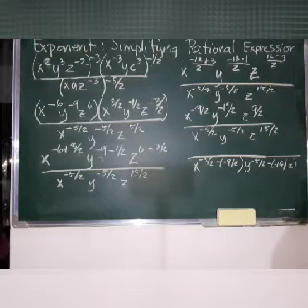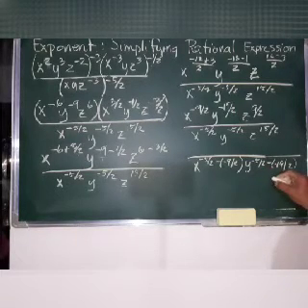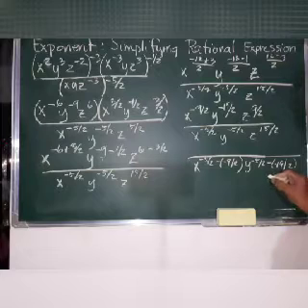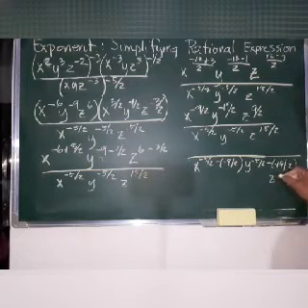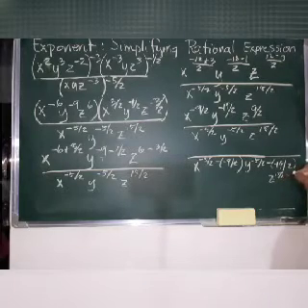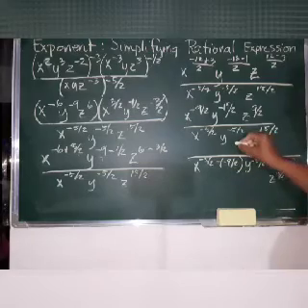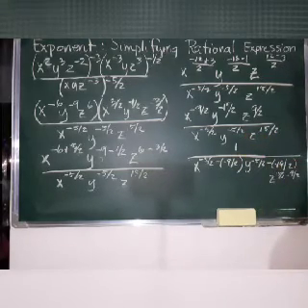Ang z natin ay mas malaki rin ang nasa baba. So, ibaba rin natin si z. Z is equal to 15 halves minus 9 halves. So, ano ang numerator natin? Ang numerator na natin ay 1.